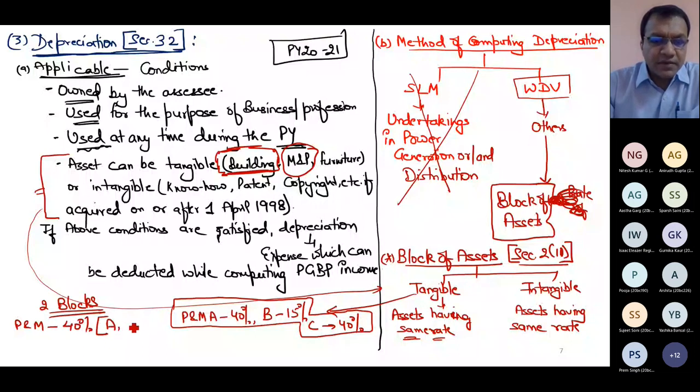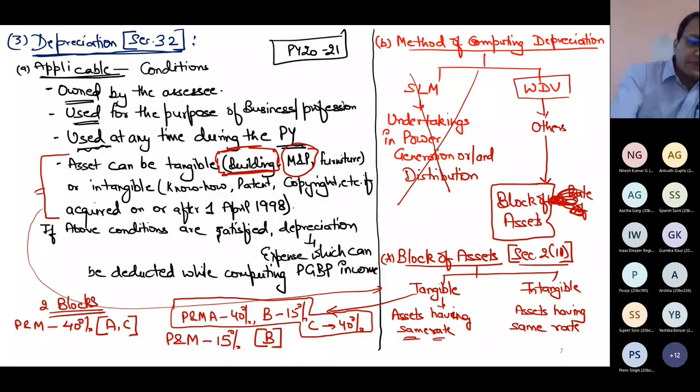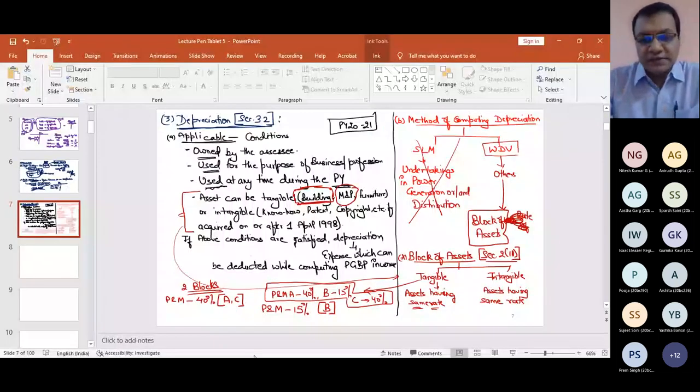Plant A and plant C. Another block will be plant and machinery at 15% rate. Which plant will be there? Only plant B. Please raise your hand if the way of preparing block of asset is clear. Same name, same rate.